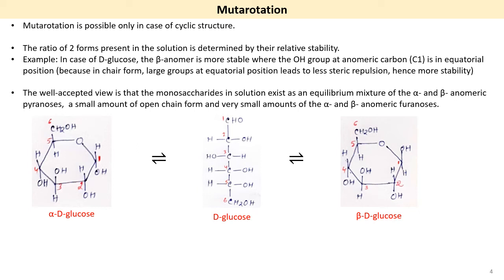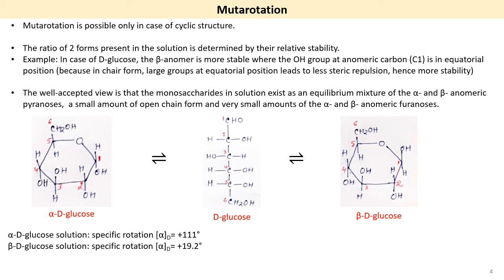So mostly the 6-membered rings are prevalent. There is some open chain form also, and very slight amount of alpha and beta furanoses. But this is not the case in case of fructose.